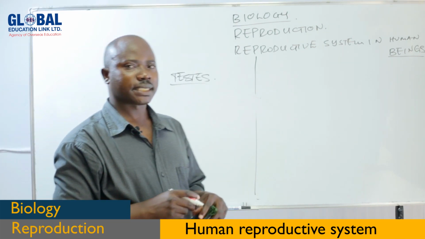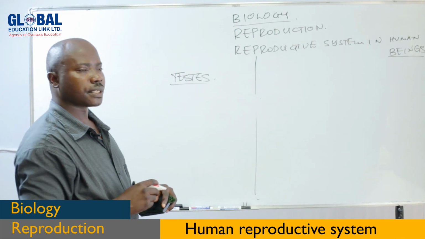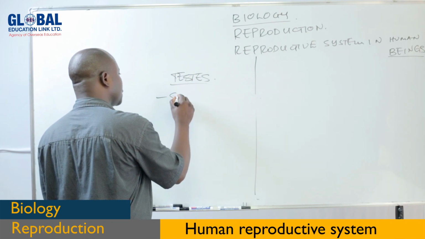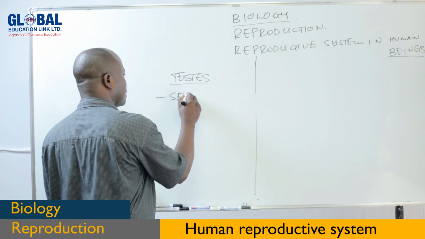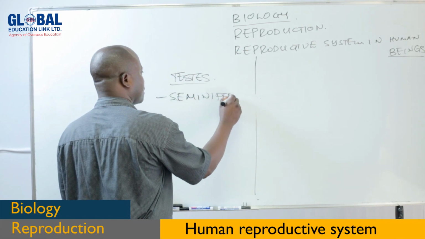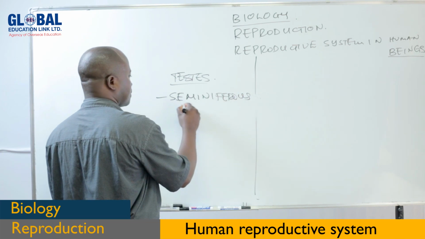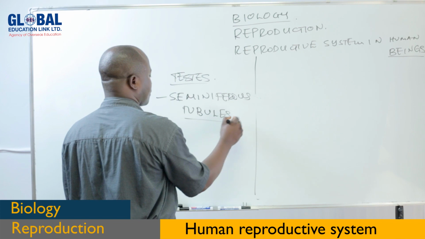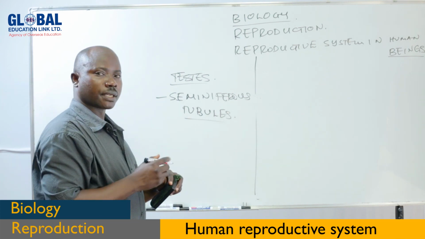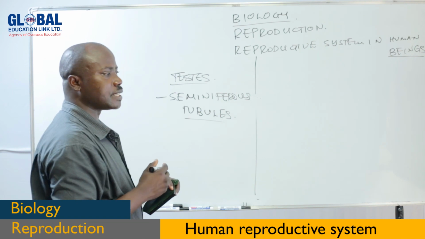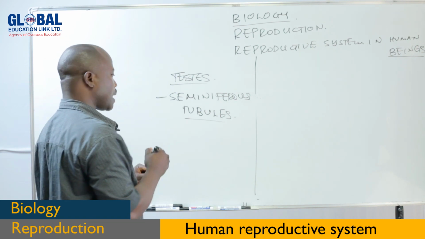The inner part of the testis consists of the following structures. There is the seminiferous tubuli. The seminiferous tubuli consist of a large number of primordial germ cells that give rise to sperms.